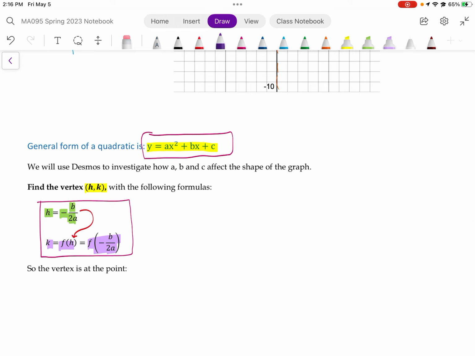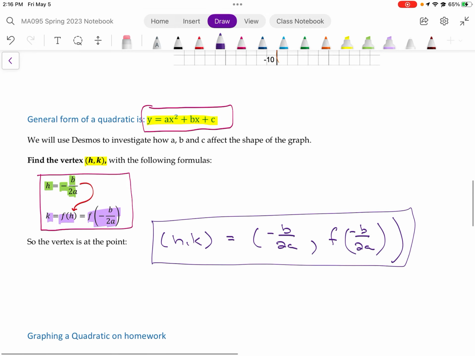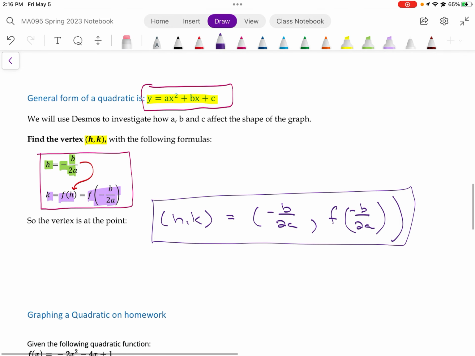We'll do that in just a moment. So the vertex is at the point (h, k), which is at the point negative b over 2a, and then f of negative b over 2a. Okay, so that is where the vertex is. You can write that down, put that with the rest of it. Okay, and we will practice that.